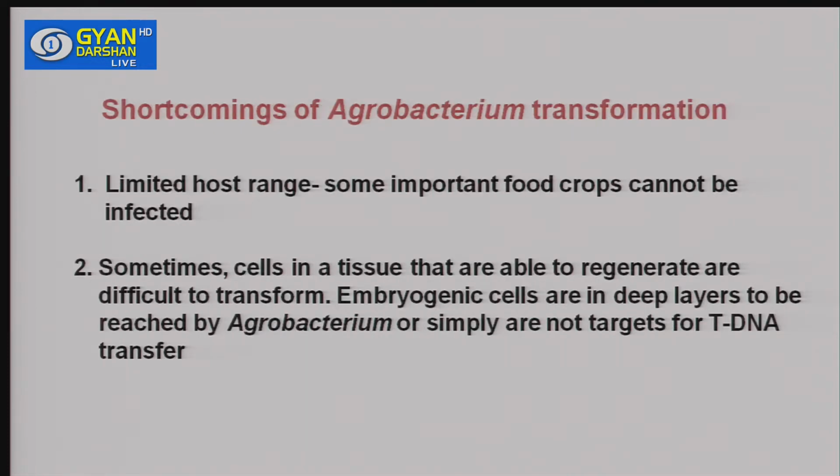But Agrobacterium tumefaciens also has certain shortcomings. It has a limited host range, because for a long time people succeeded in Agrobacterium tumefaciens transformation only with dicot plants, not monocots. Why? Because dicot plants secrete a larger amount of phenolics, that is acetosyringone or alpha hydroxyacetosyringone.